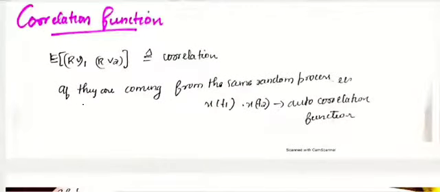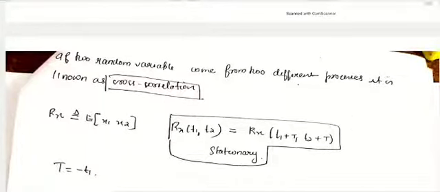And now here comes a very important topic, that is the correlation function. If the two random variables come from the same random process, it is known as the autocorrelation function, and if they come from two different random processes, it is known as cross correlation.